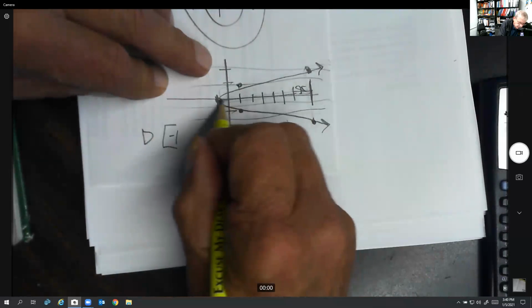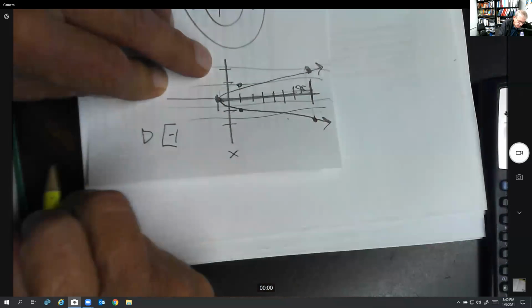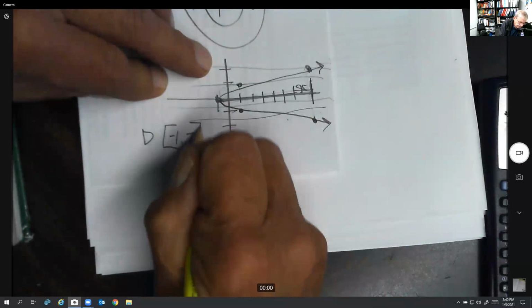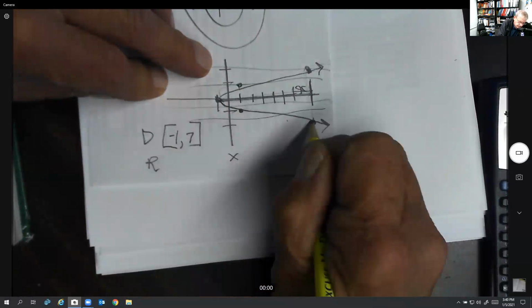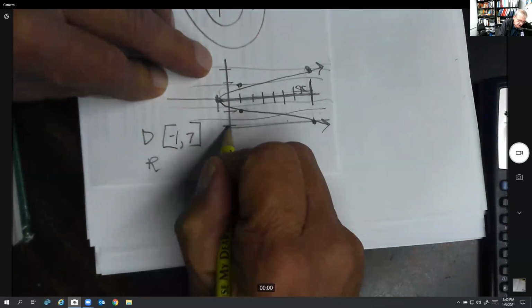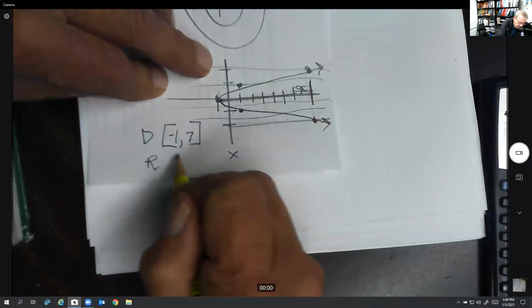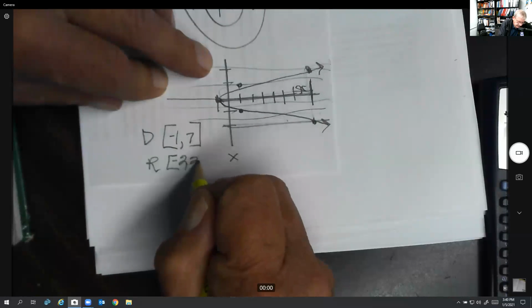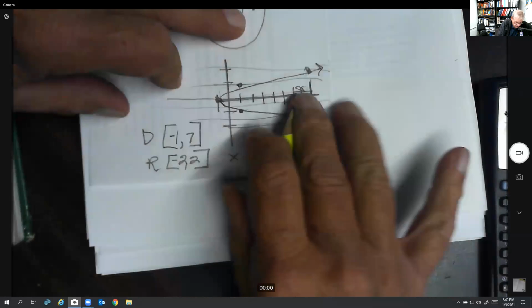The range goes from the low point right here of -2, to the high point of +2. And that would be the range if the graph was turned this way.